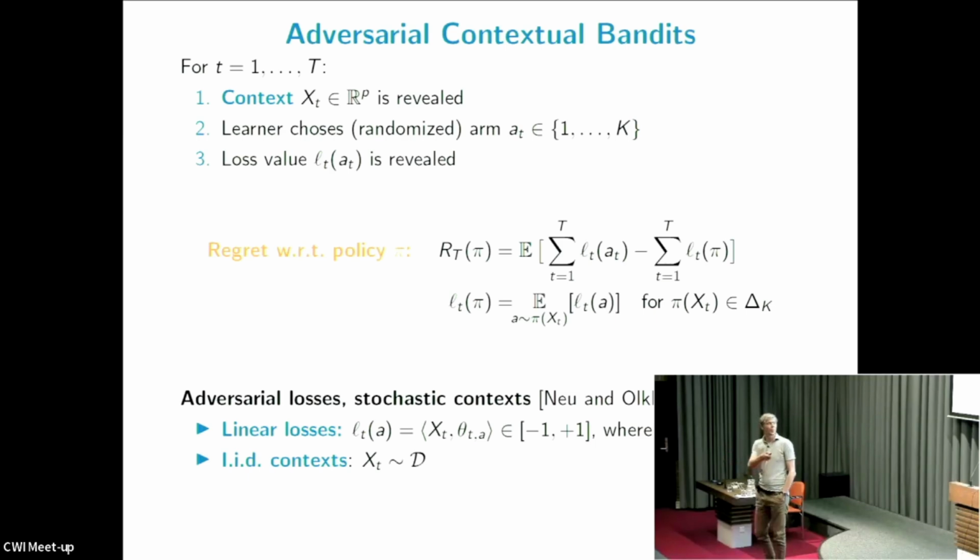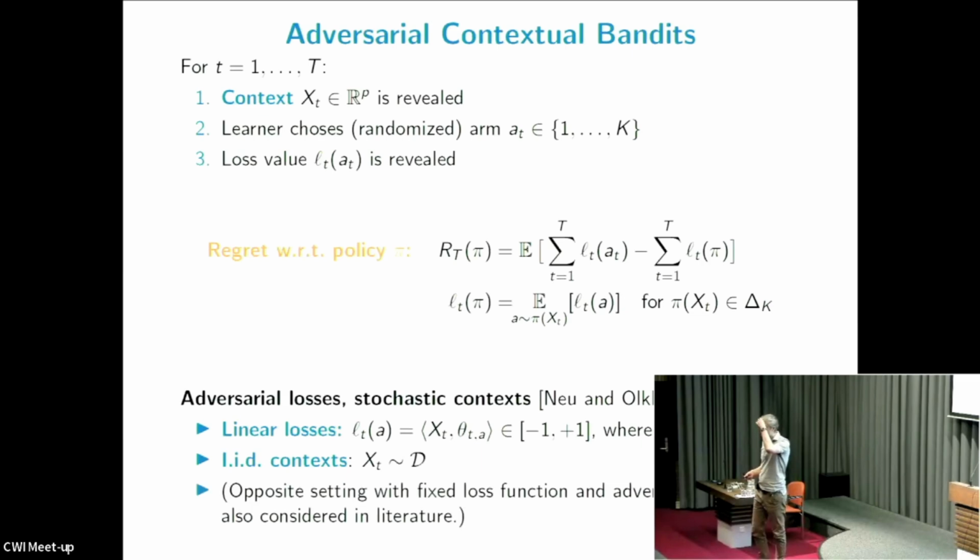We don't observe these coefficients directly. We just observe the losses, but they are adversarial. That's the important point. And because I'm assuming an oblivious adversary, these vectors don't depend on anything that's happening in the game. We can think of them as being fixed beforehand. They might depend on the learner's strategy, but they will not depend on any randomness that happens during the game.